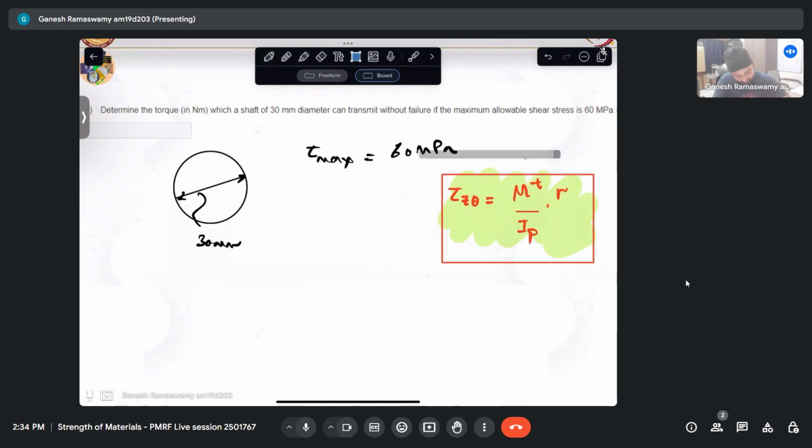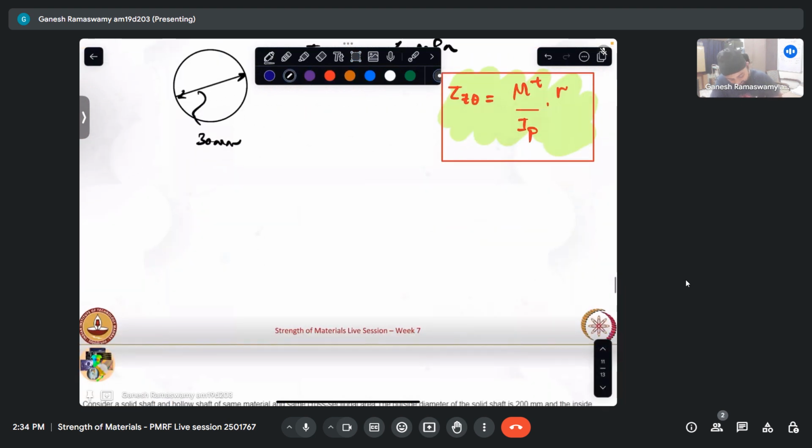So here what is given is tau max. So 60 MPa should be equal to some Mt that is applied by the polar moment of inertia.